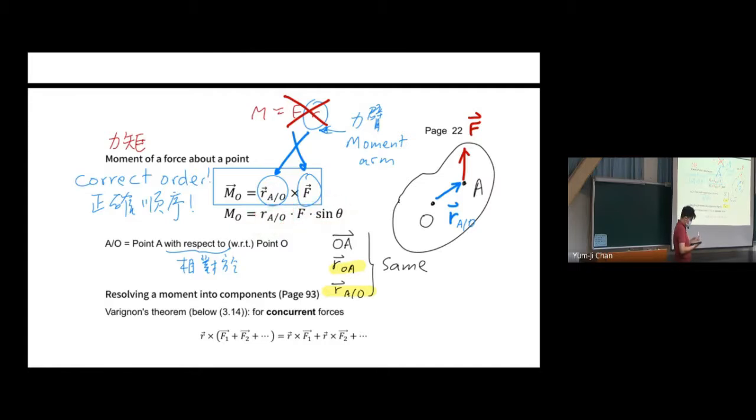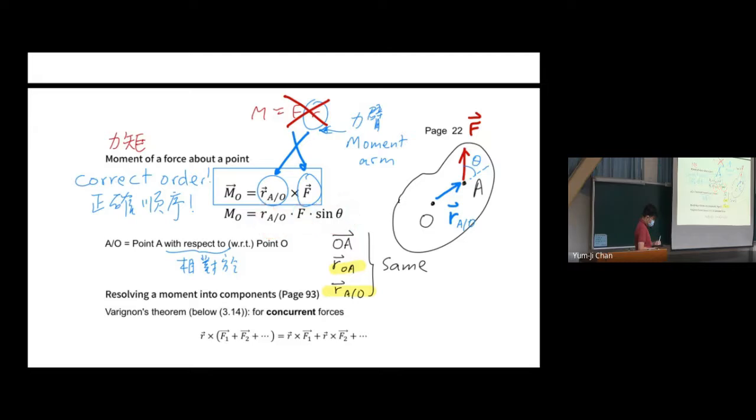So it is the angle between the two vectors. So MO, the value of M, is equal to R times F times sin theta.